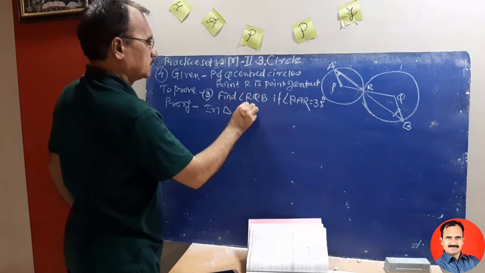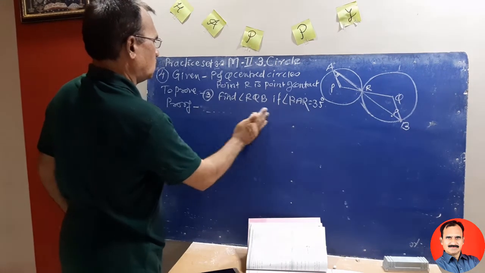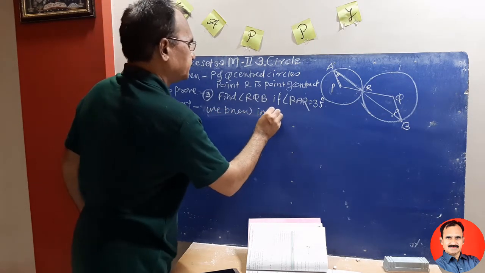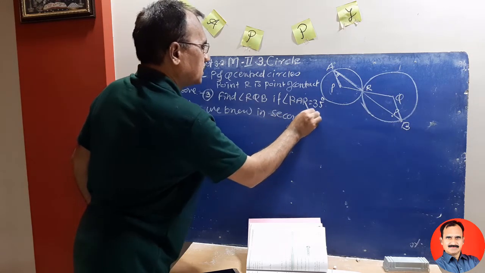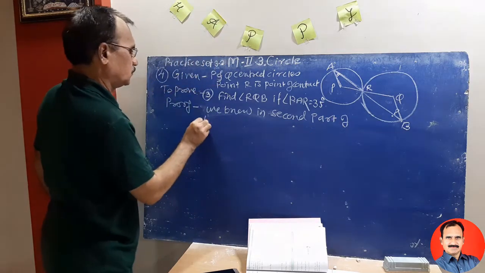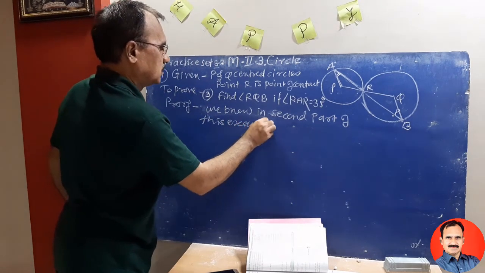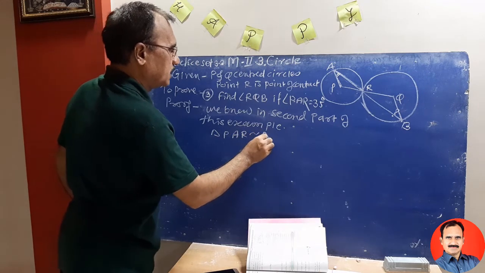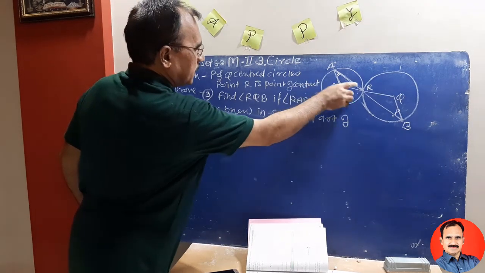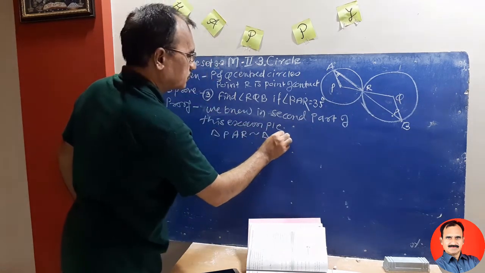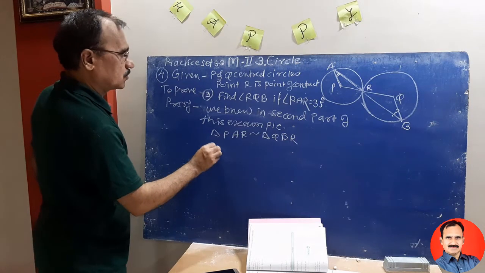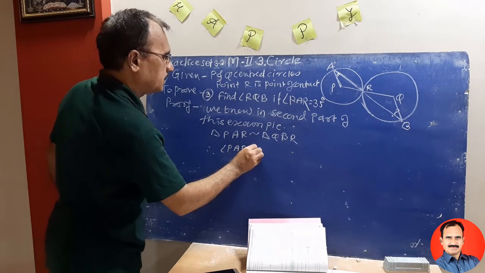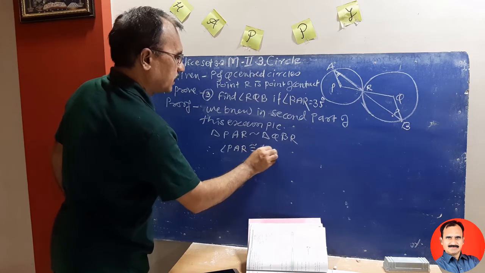In triangle PAR, we know in the second part of this example, triangle PAR is similar to triangle QBR, and therefore angle PAR is congruent to angle QBR.